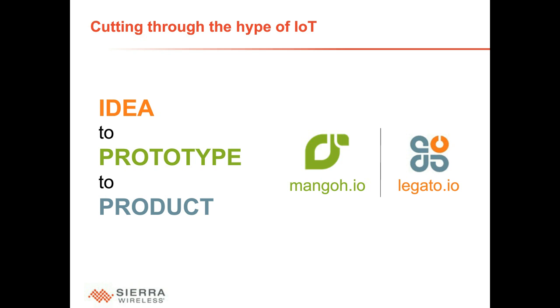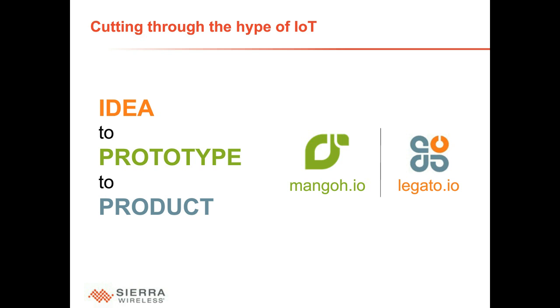You get that board, you go to mango.io, and it gives you documentation on how to get started. If you go to legato.io, you can look at all the APIs and source code that we provide, and also a number of applications written using the Legato framework. Legato is free, because it's an enabler that allows applications to be developed. It's free whether you buy Mango or not.